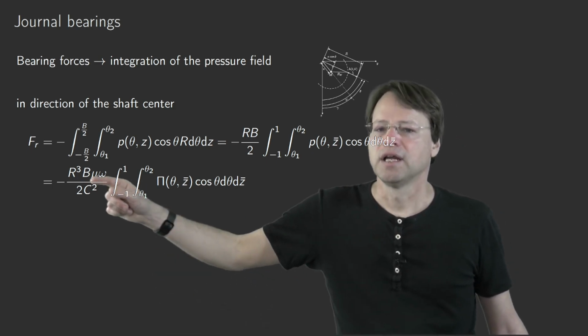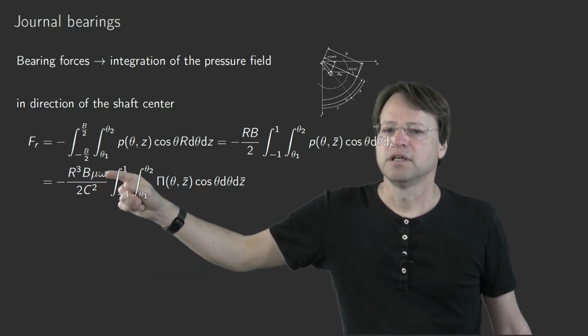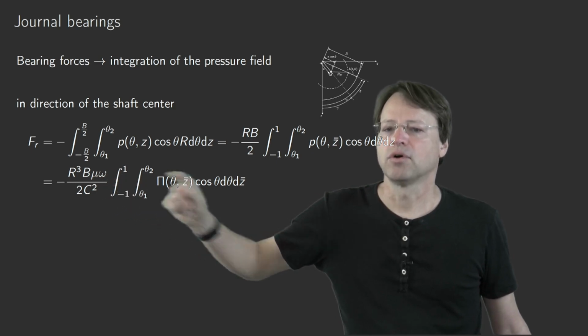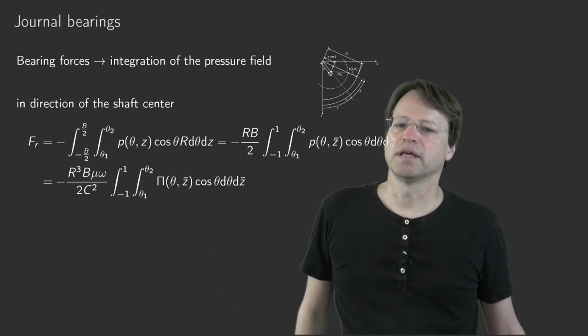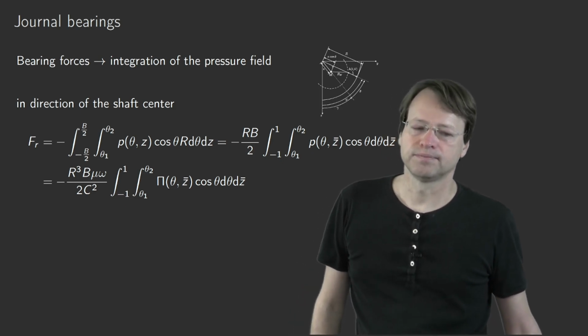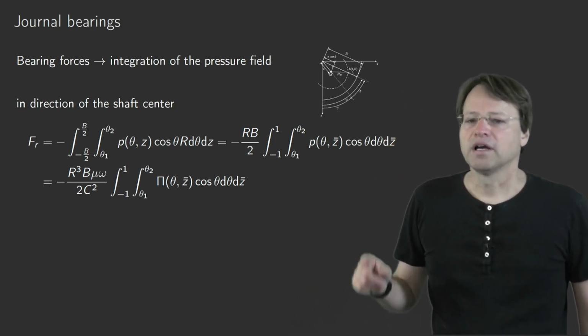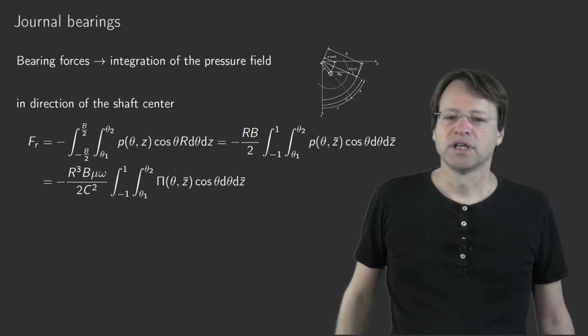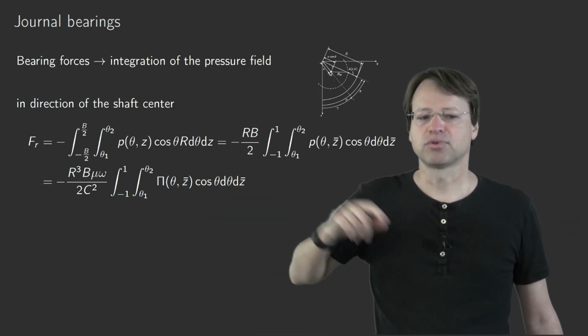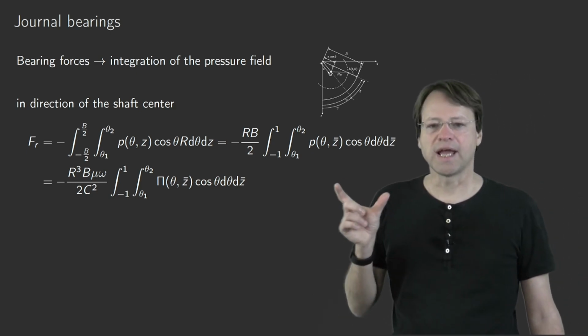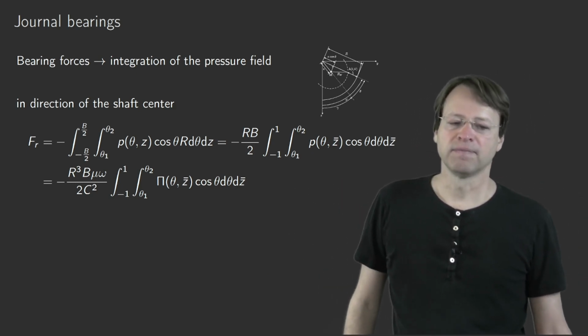So you find r squared, mu and omega in the numerator and c squared then in the denominator. So now we are in place to introduce the short bearing solution we found for the dimensionless pressure, and we adapted it to the axial boundary conditions already.